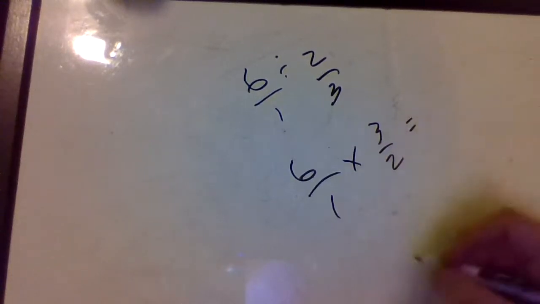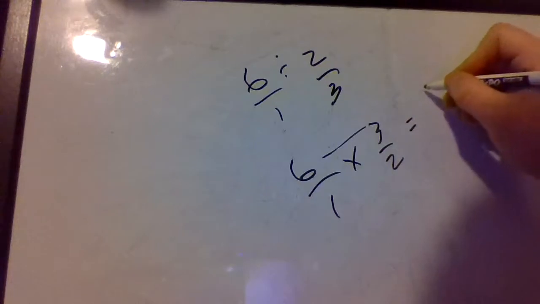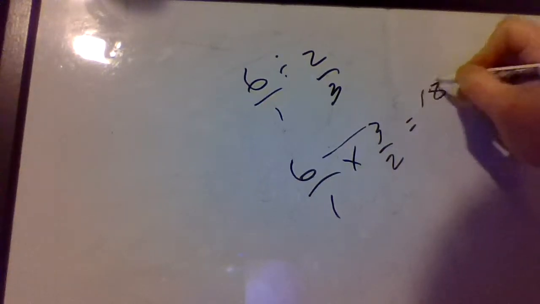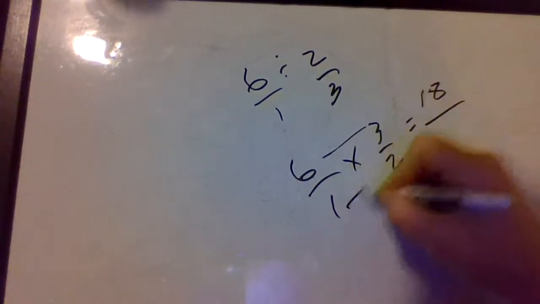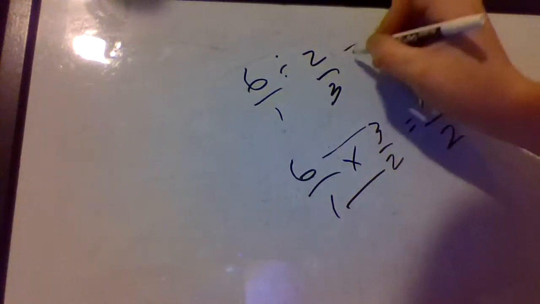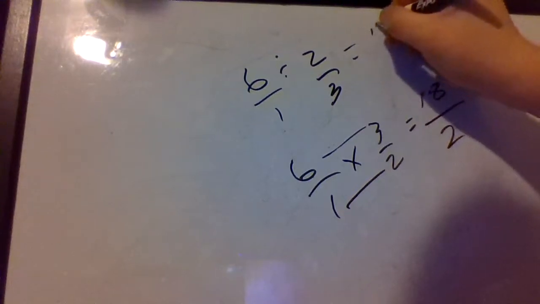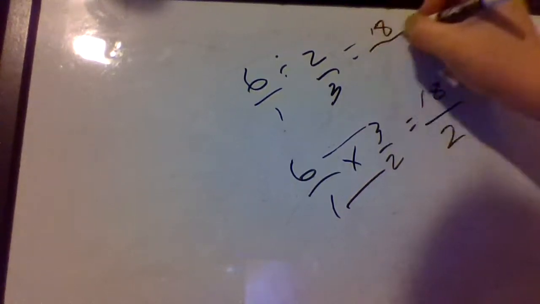So now we have 6 times 3 equals 18, and 1 times 2 equals 2. So 6 divided by 2 over 3 equals 18 over 2.